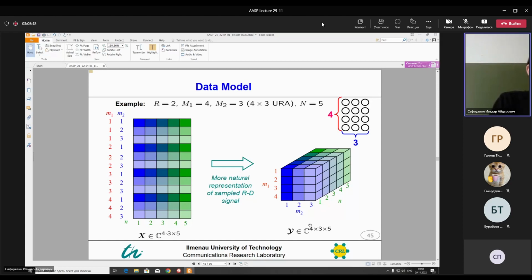And as the last point here, we have an example of the 3D harmonic retrieval problem with R equal to 3. But I think we will go to this one in the next lecture.